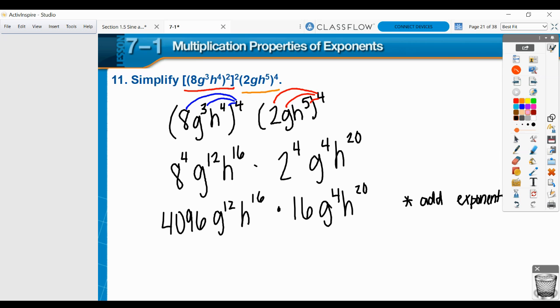But since you still have this 4,096 and the 16, you want to multiply those together. And you get 65,536. And then add the exponents. What's 12 plus 4? 16. 16 plus 20 is 36. So now you are finished with the problem.